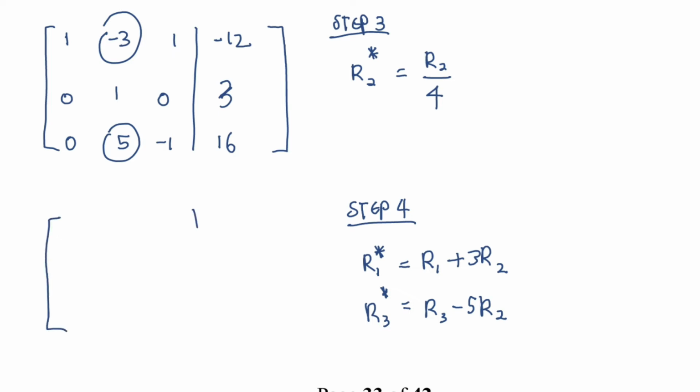Understand? So what will happen, we copy back the one that we didn't change first, and then it will be 1, 0, 1, negative 3, 0, 0, negative 1 and 1.